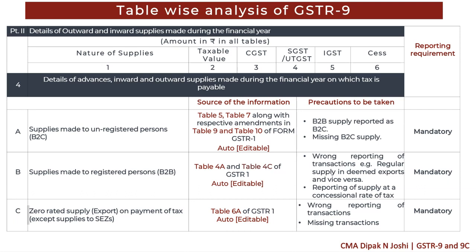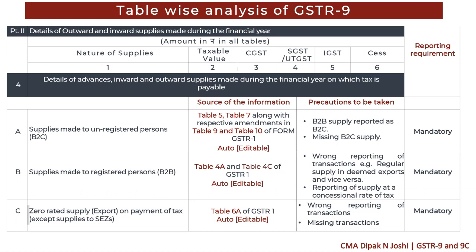Now if you open table 6A of GSTR 1, you will find that it includes information of zero rated supply with payment of tax, zero rated supply without payment of tax, SEZ supply with payment of tax, and SEZ supply without payment of tax. But then what is the requirement of table 4C that we should understand? Requirement of table 4C is to report only those transactions on which tax is paid.